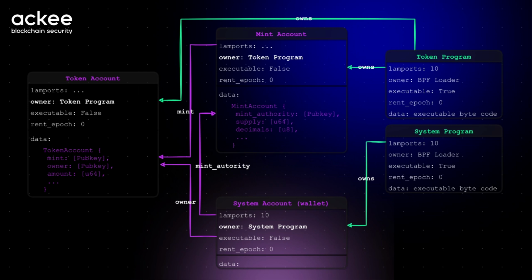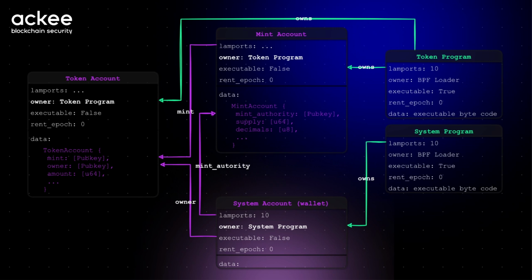So as I said, you would like to take the spoils and you mint yourself 1000 USDC. That means this mint address is going to be exactly the address of this mint account. The owner is going to be your Solana wallet because you are the owner. You minted yourself.